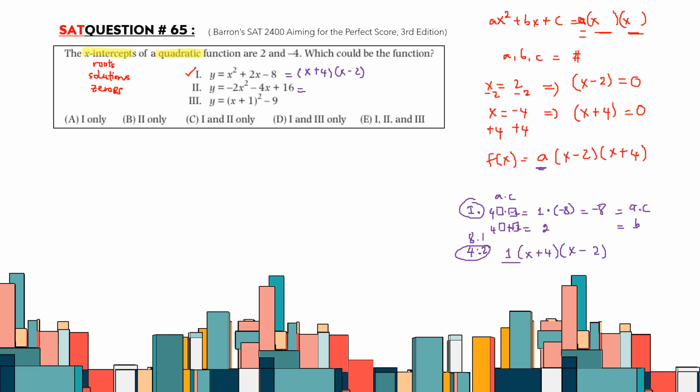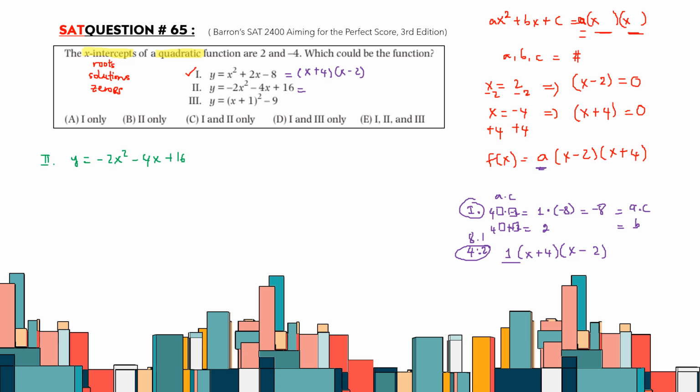Now for number 2, we have y equals -2x squared minus 4x plus 16. At first I always look at the coefficients.